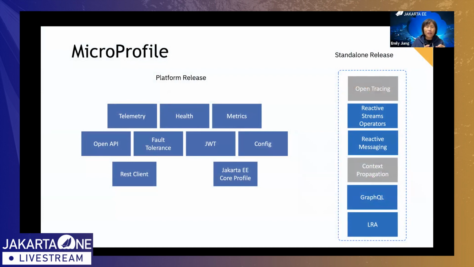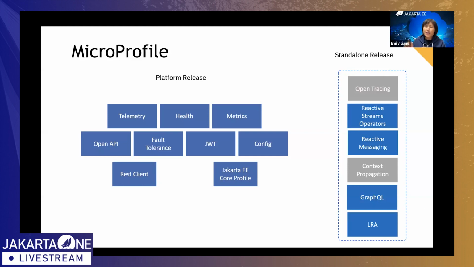When we say MicroProfile 6.1, I'm talking about the platform release. The other is the standalone release, where these specifications use their own release cadence. The platform release has these 8 MicroProfile specifications plus the Jakarta EE Core Profile. The standalone release has OpenTracing, Context Propagation, Reactive Stream Operators, Reactive Messaging, GraphQL, and more.